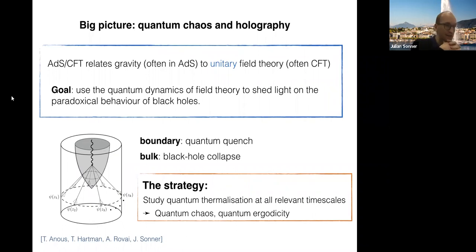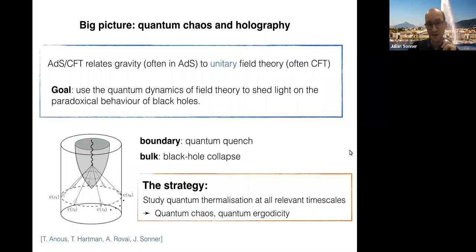And many of the interesting physical effects, also from the gravitational point of view, happen at late timescales. So the strategy in general would be to study this quantum thermalization at all relevant timescales, but the ones that I would like to talk about are essentially late timescales. I will define more precisely what I mean by late.